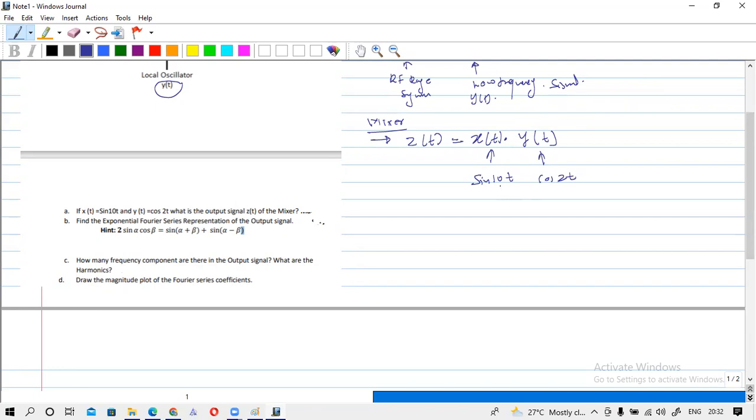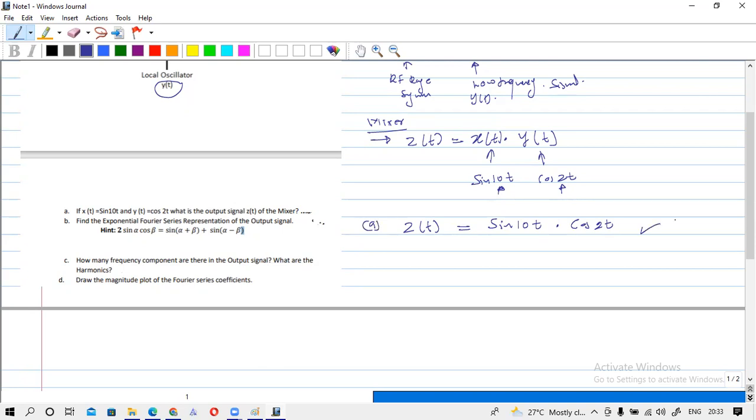You can see that this signal is a high frequency signal and this one is a low frequency signal. The output will be the product of these two signals, that is sin 10t times cos 2t. So this will be the output signal.